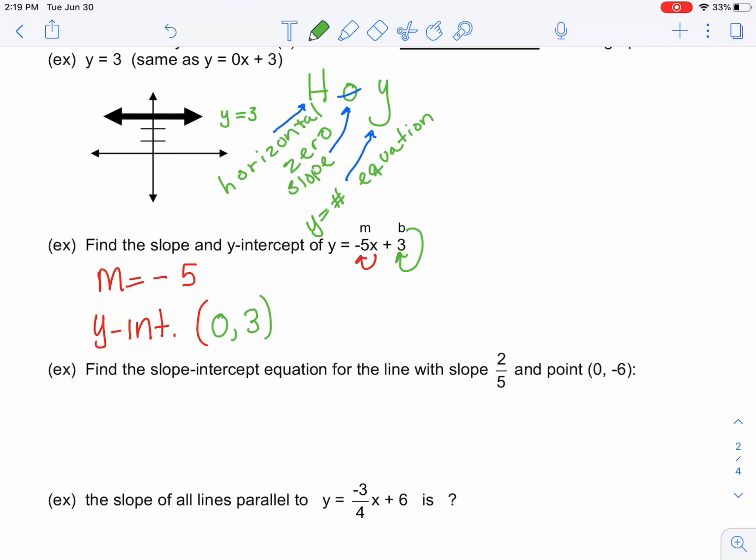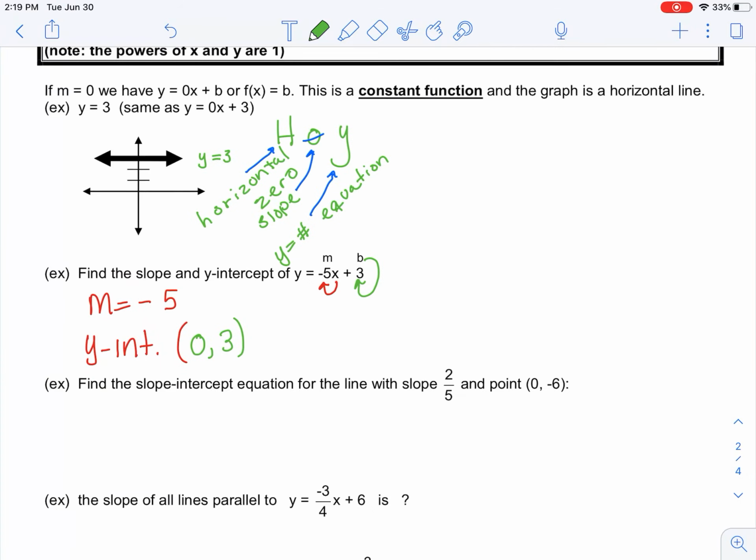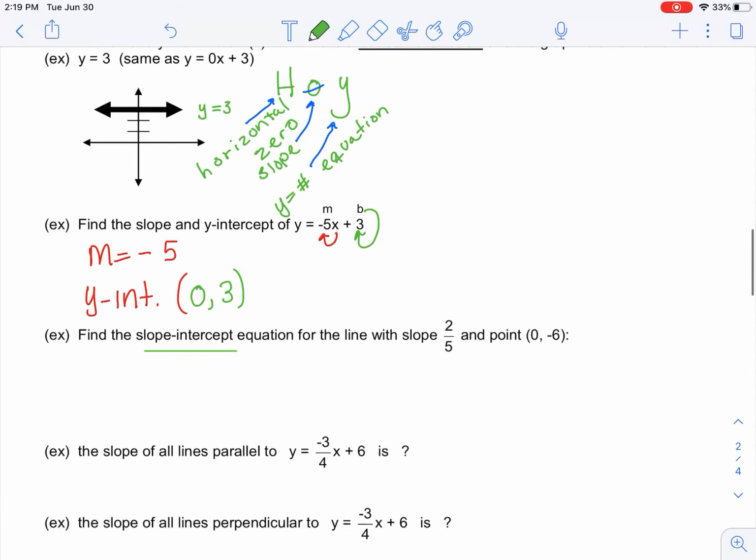Find the slope-intercept equation for the line with a slope of 2/5 and a point 0, -6. So find the slope-intercept form. So we need the slope, and this time they only give us a point. They don't give us b.